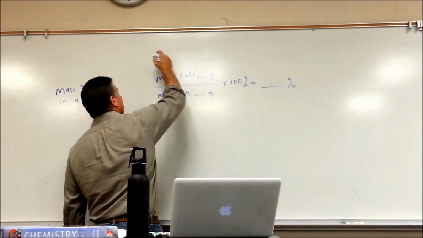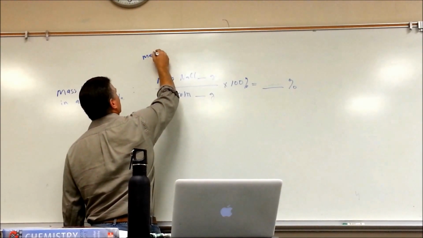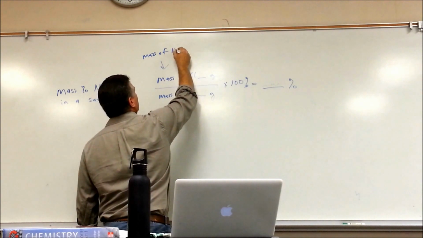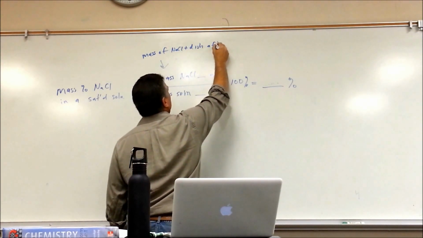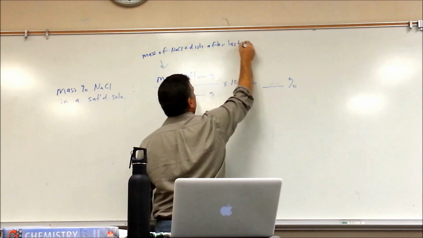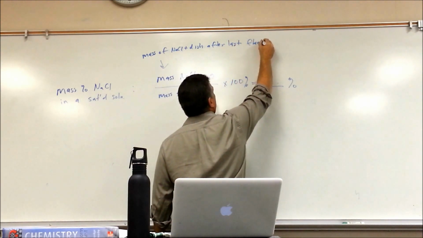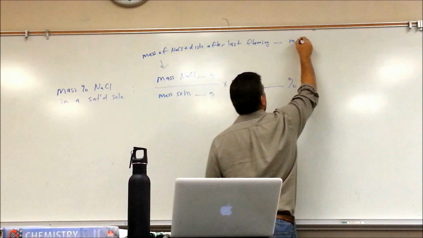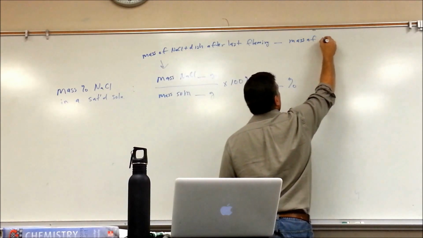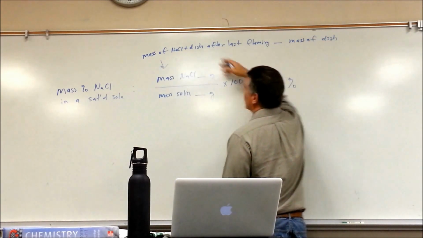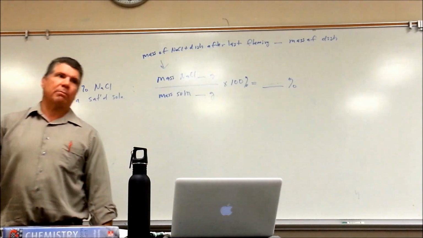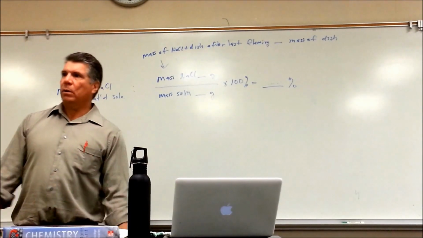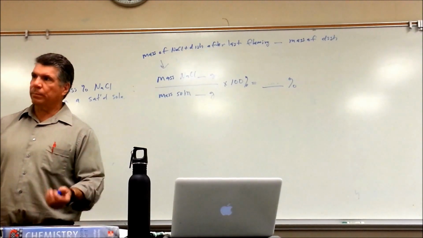This is the calculation. This is subtracting how much sodium chloride is in there. So what's happening is you're evaporating all the water, and all the sodium chloride is staying behind.